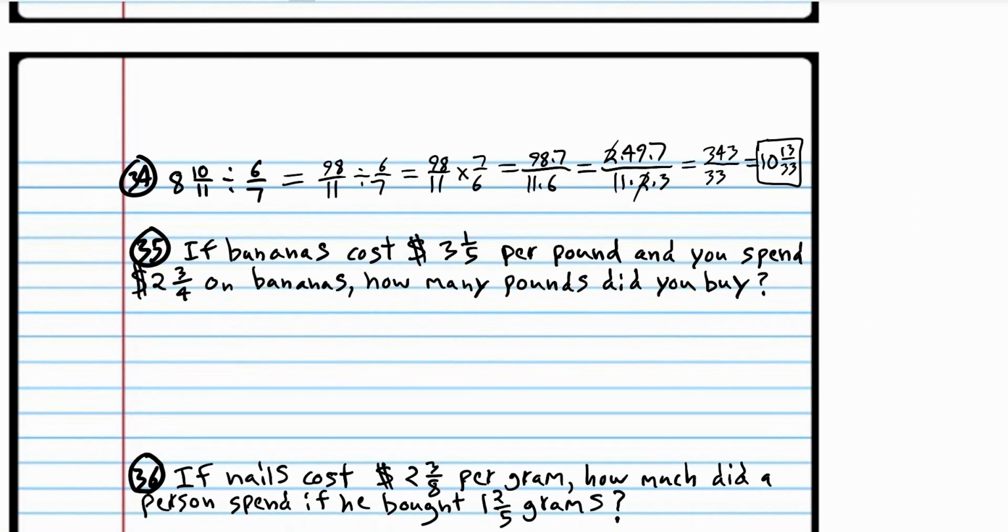All right, now we go to the word problems. If bananas cost $3 1/5 per pound, and you spend $2 3/4 on bananas, how many pounds did you buy? Now, we've got problems here.